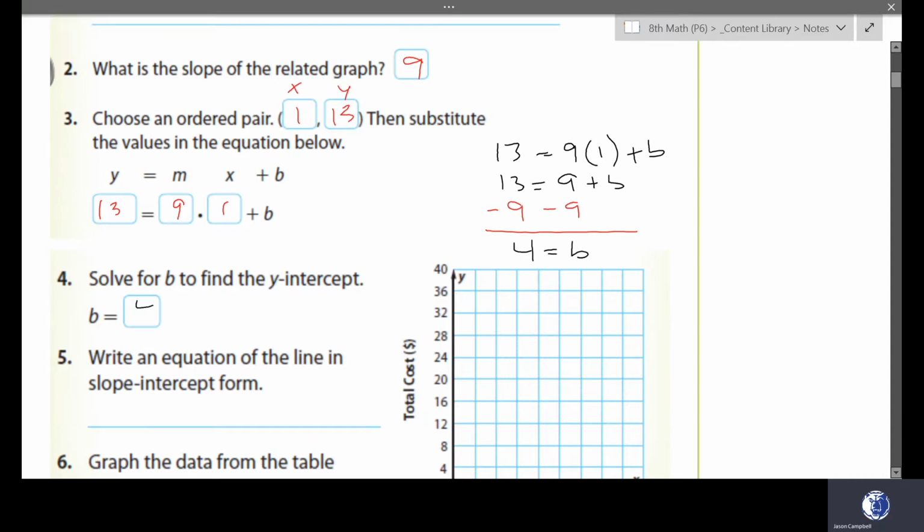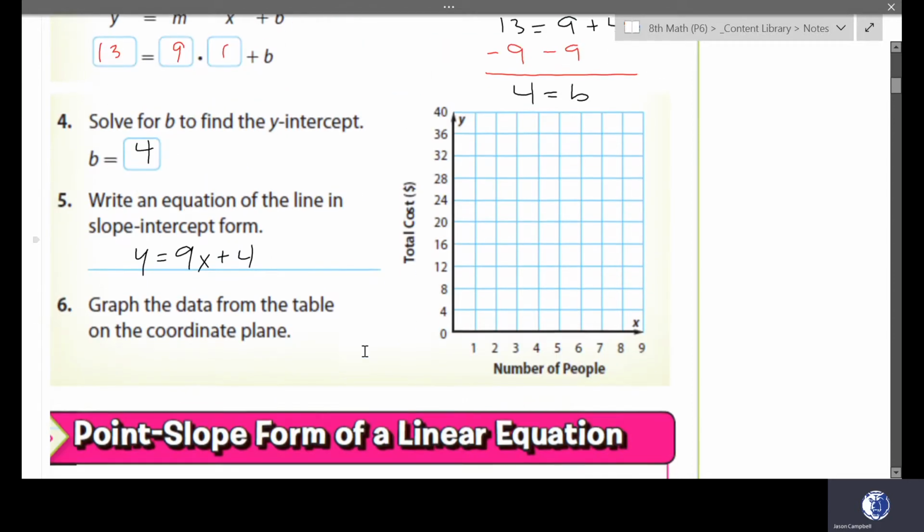It says write an equation of the line in slope-intercept form. So y is equal to 9x plus 4. Slope-intercept form is y equals mx plus b, where you put in just the slope and the y-intercept.